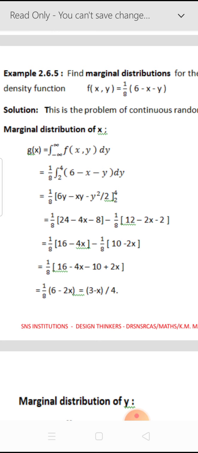So 2 into 6, 12, minus x into 2, 2x, minus 2 square, 4 by 2, 2. After simplification, finally we will get the answer as 3 minus x divided by 4. This is the marginal distribution of x, g of x.